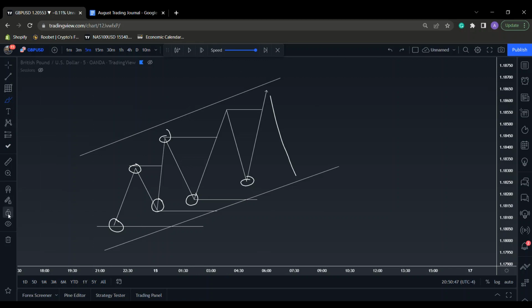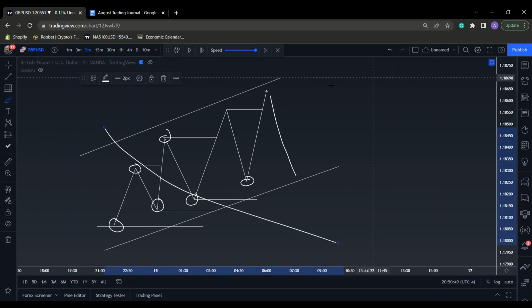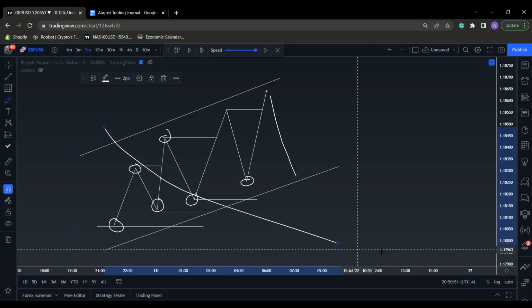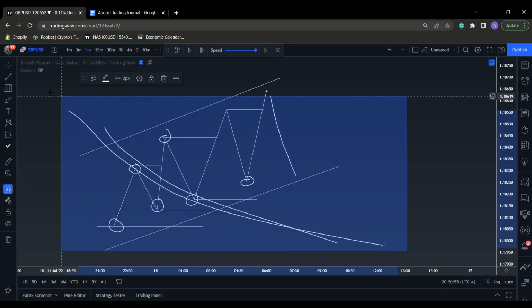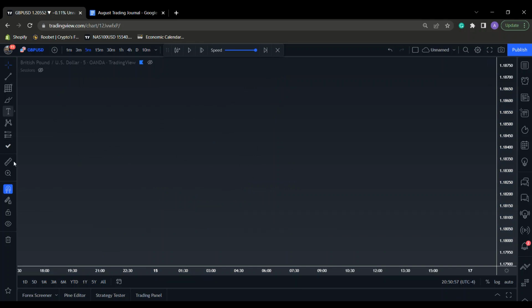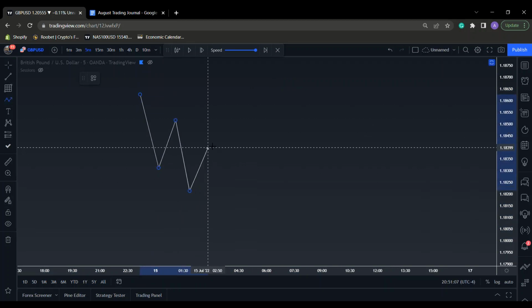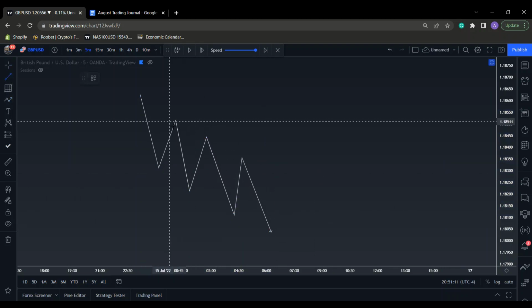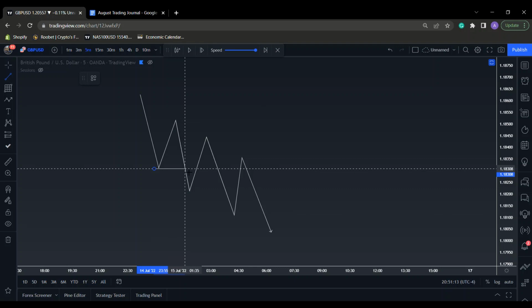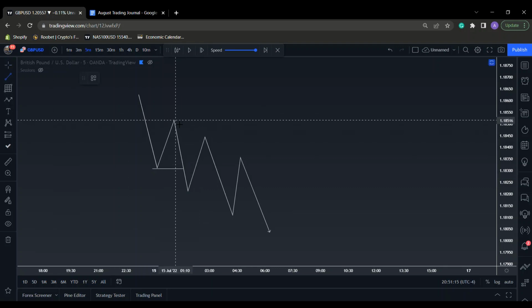Now if you want to learn the other way around, because we're not just going to be buying the whole time, now we're going to do a downtrend. Boom. So price has a low and has a high.